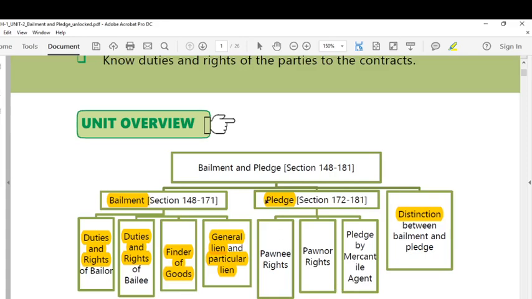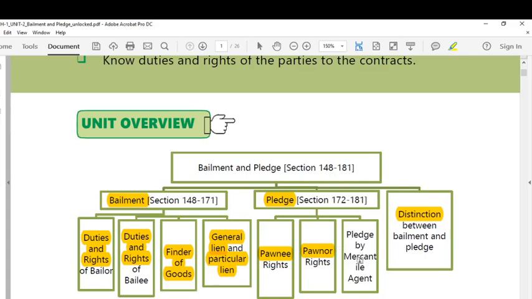When it comes to the pledge, here also there are two parties to a contract of pledge. One party is called the pawnee, and the other one is the pawnor. The rights and duties of the pawnee and pawnor will be discussed under this kind of contract.